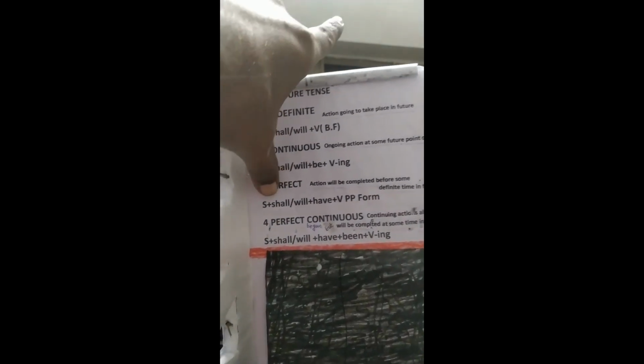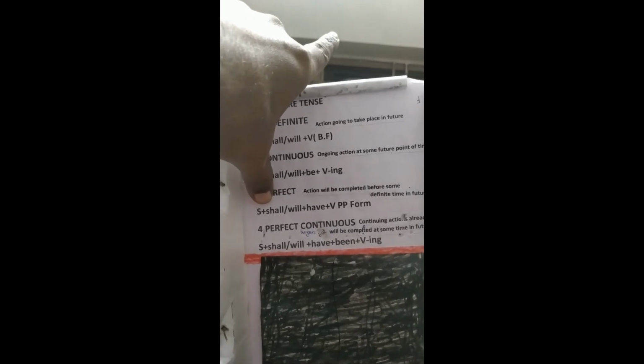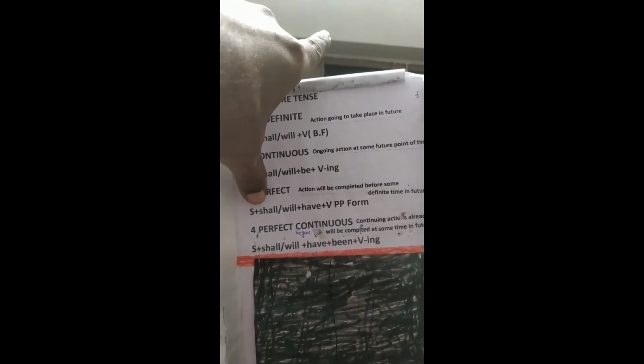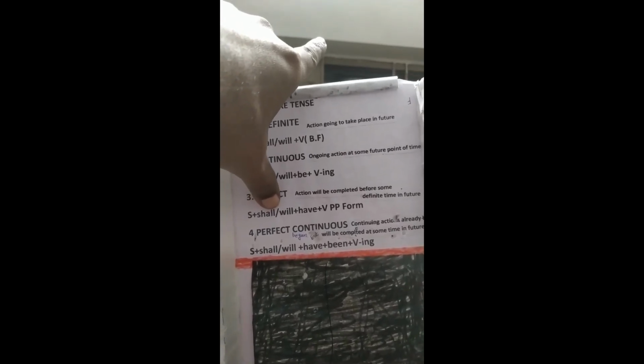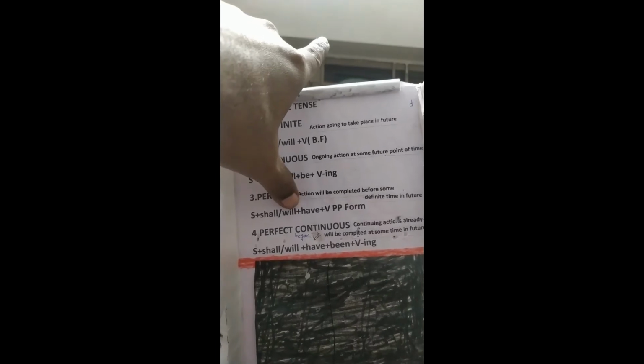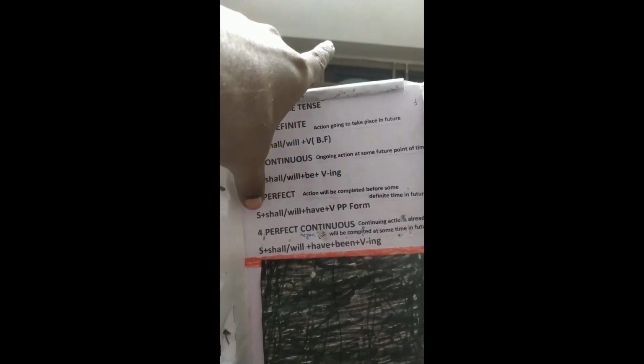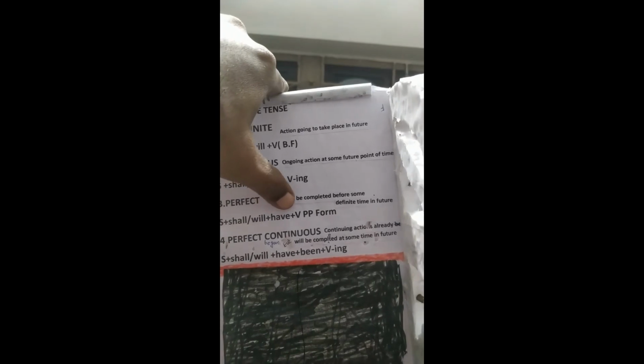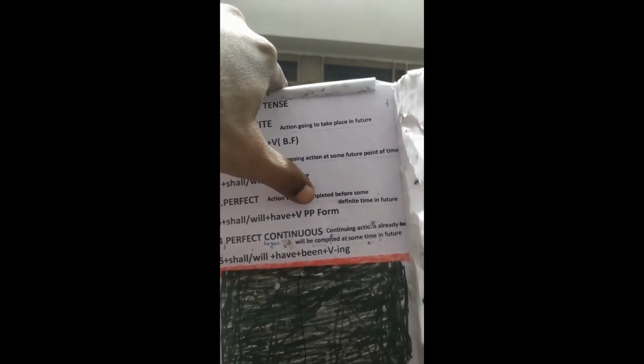You have to write the S. Here S stands for the subject, and this subject will be followed by either shall or will, depending on the number and person of the subject. And shall or will be followed by have, and have will be followed by the past participle form of the verb.